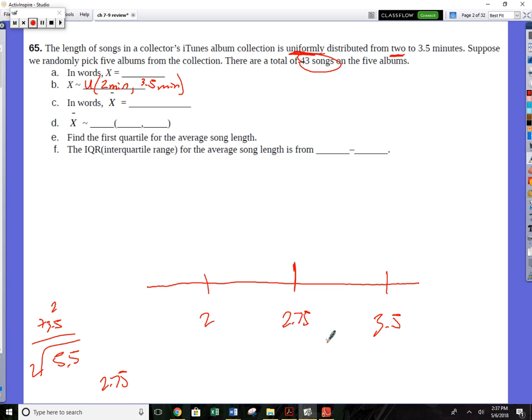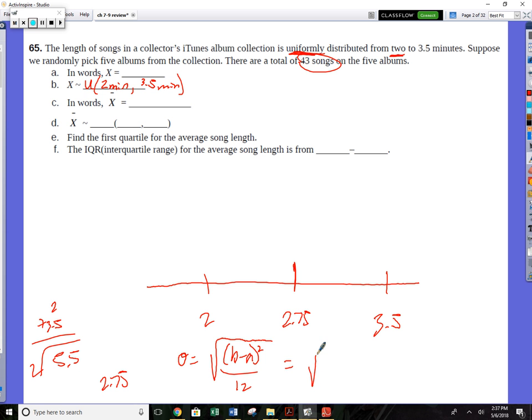Okay. You're also going to need, on your note cards, the formula for the standard deviation. The mean is kind of common sense, but this one is not. The standard deviation is the square root of (b minus a) squared divided by 12.